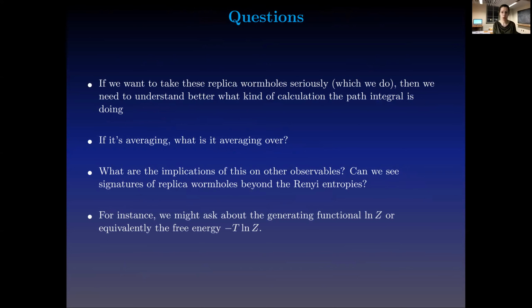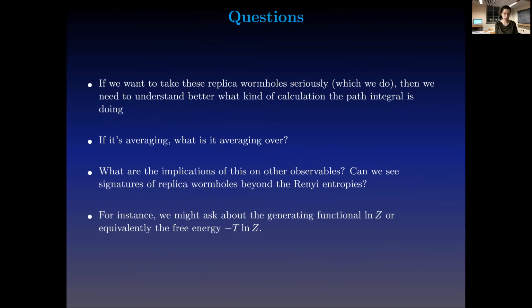So some questions that we would like to ask. If we want to take these replica wormholes seriously, and we do because we like unitarity, then we need to understand better what kind of calculation the path integral is doing. I would say this is something that we want to understand independently of replica wormholes, because the Euclidean path integral is very smart.